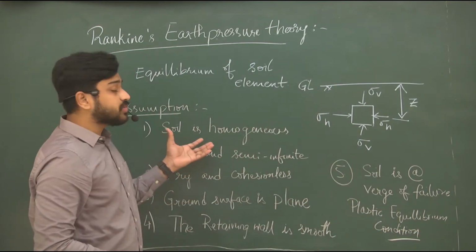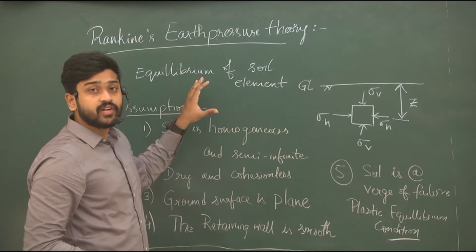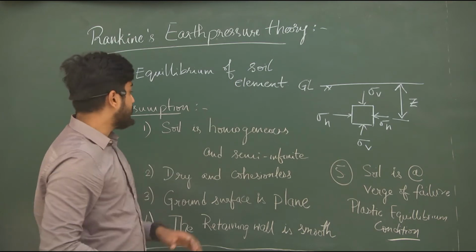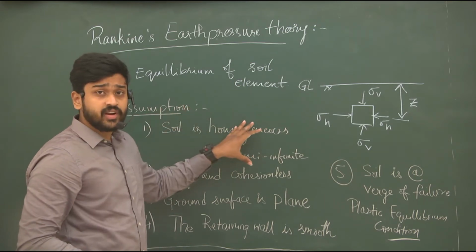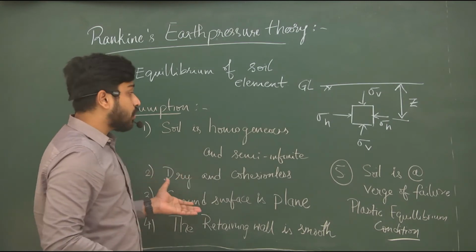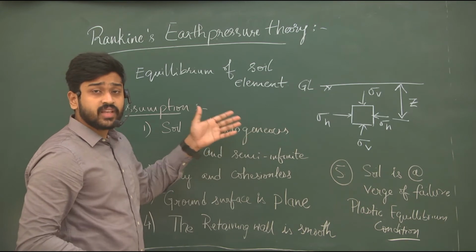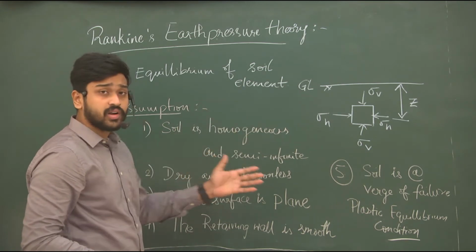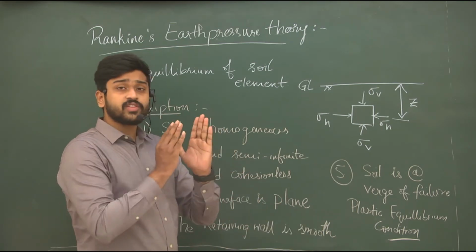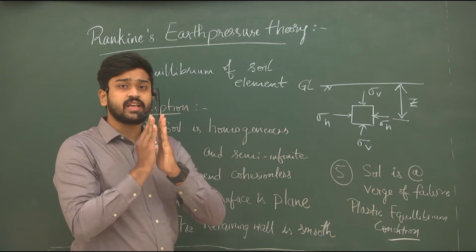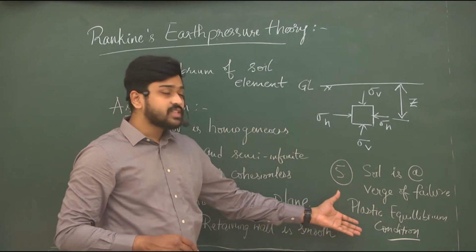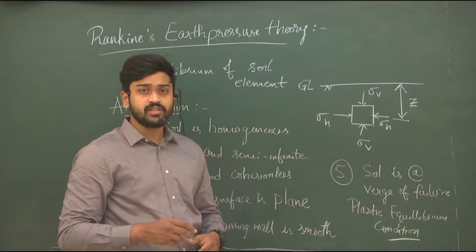So these are the assumptions considered by Rankine for this theory, where we need to obtain the earth pressure. The soil is homogeneous and semi-infinite, the soil is cohesionless as well as dry, and the ground surface is plane, that means there are no undulations. The retaining wall surface is smooth, so the surface of contact of the retaining wall with the soil is smooth. And lastly, the soil is at the verge of failure, that means the plastic equilibrium condition is attained.